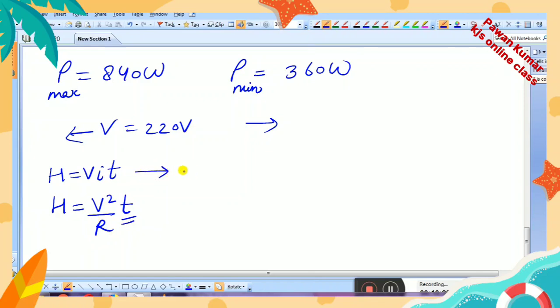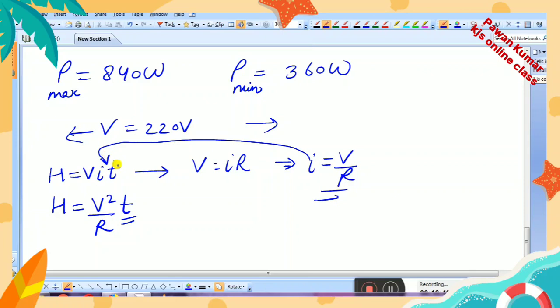How? Again, you do one thing. Since V is equal to IR, from here what can we say? I is equal to V upon R. If we substitute this I here, then what will we get? H is equal to V square upon R into T, right? Now this H is energy.